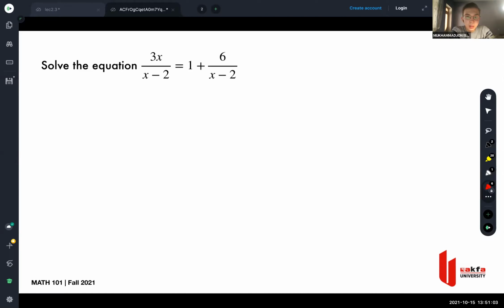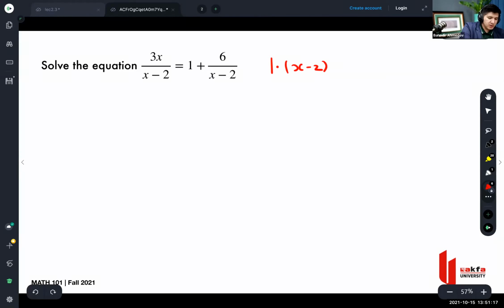If you would like to express x on one side and all the other things on the other side, we need to do similar operations. For example, I would simply multiply everything by x minus 2 in order to get rid of the denominator. So if I multiply the left-hand side by x minus 2, I will simply have 3x.